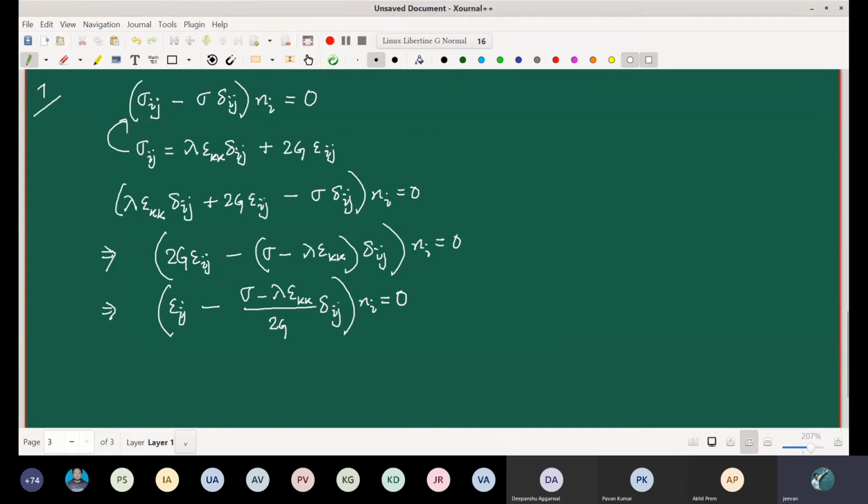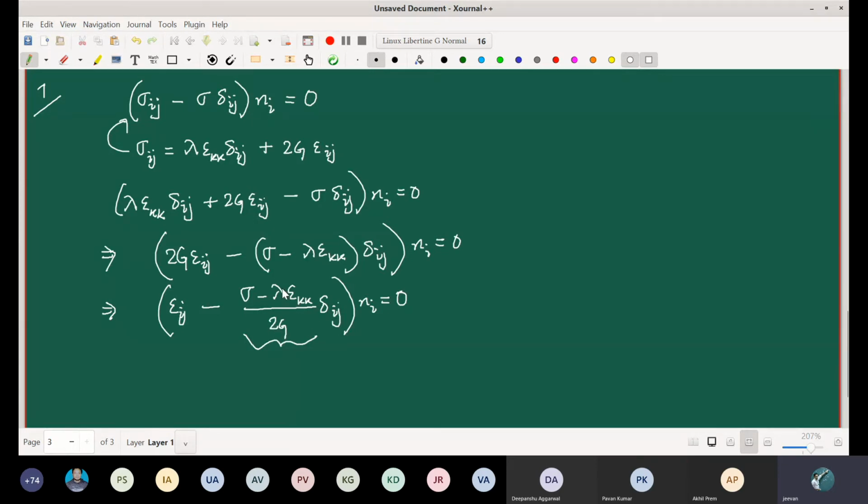All right, so we have written down this. What have we achieved in the process? You see, this is epsilon ij, like it should be present in the eigenvalue statement of the principal strain. This one here is just a constant term, rather a scalar term, because sigma by itself is a scalar, lambda is very much a scalar, the epsilon kk has no free indices so it is a scalar, and of course this denominator is also a scalar.